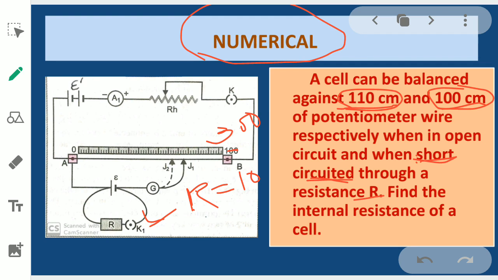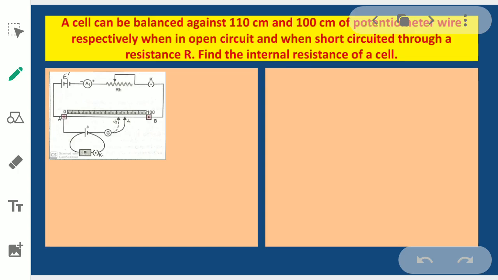So how can we solve this? See that L1 is equal to 110, L2 is equal to 100.